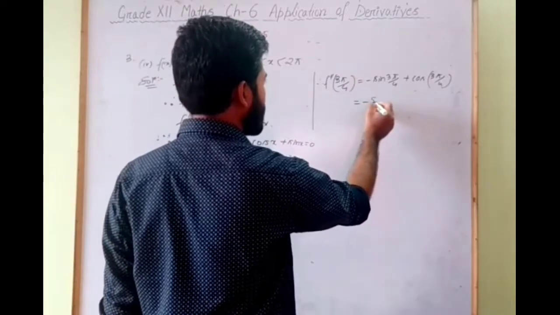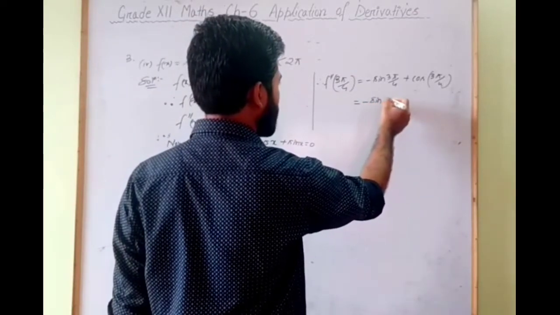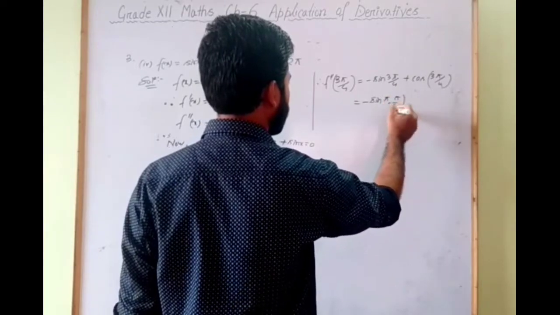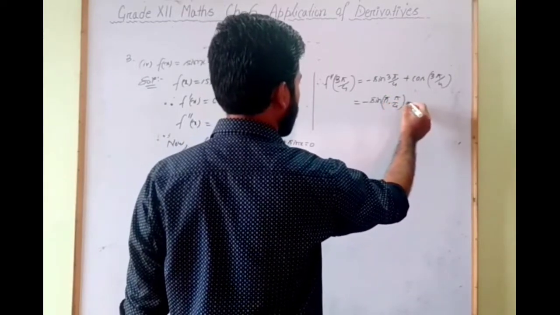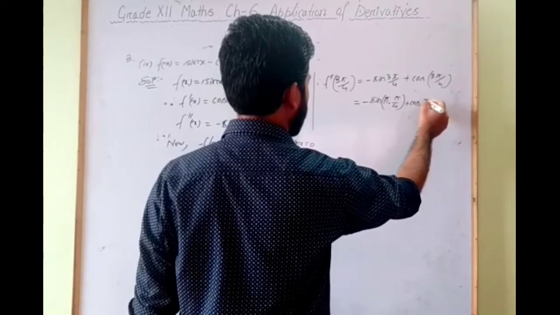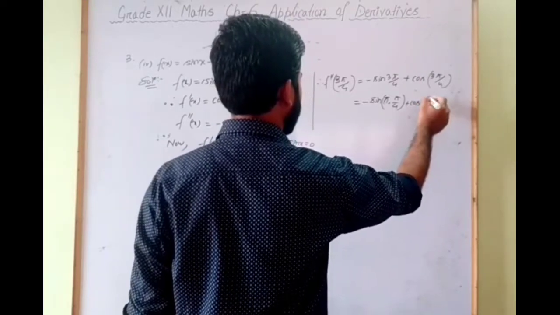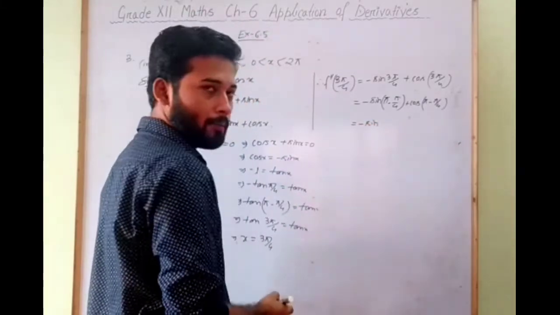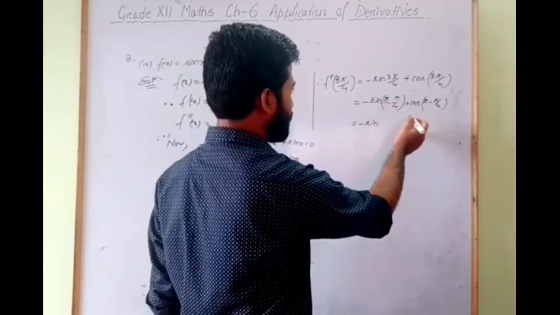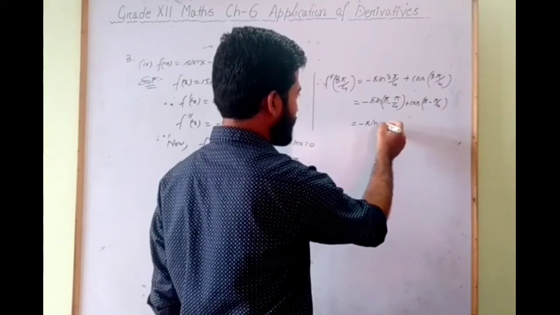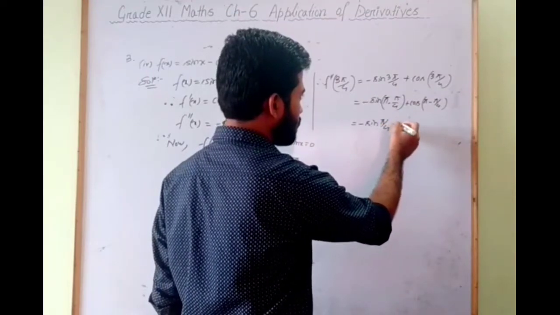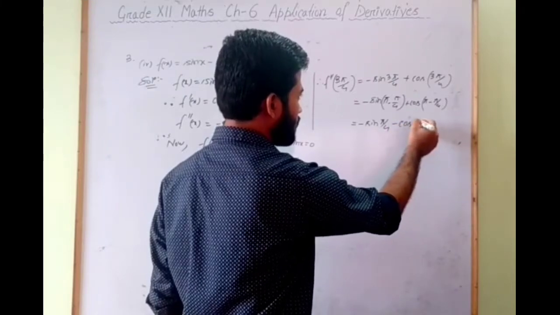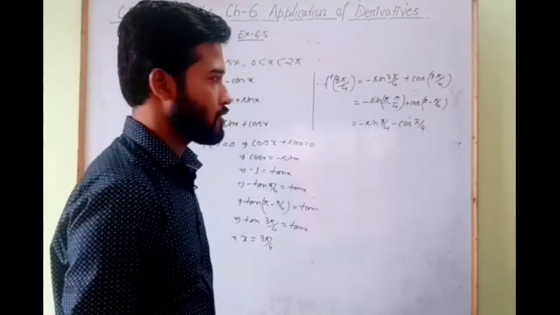Now this can be written as minus of sine of pi minus pi by 4 plus cos of pi minus pi by 4. Now this is equal to minus of sine, what is pi minus pi by 4? Because it's in the second quadrant, sine is positive, so it will be sine pi by 4, and here cos is negative, so it will be minus cos of pi by 4.